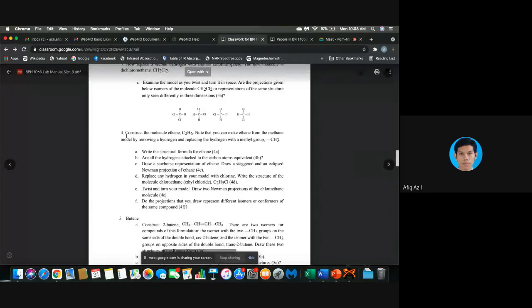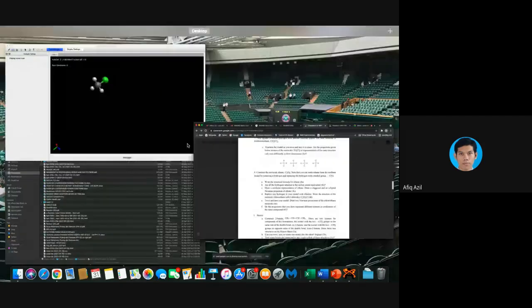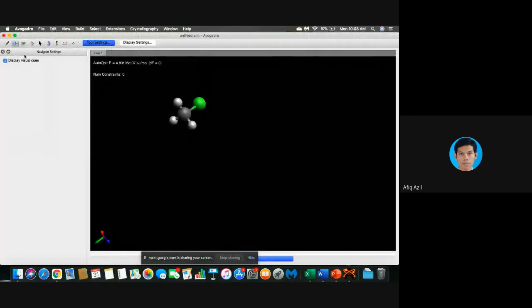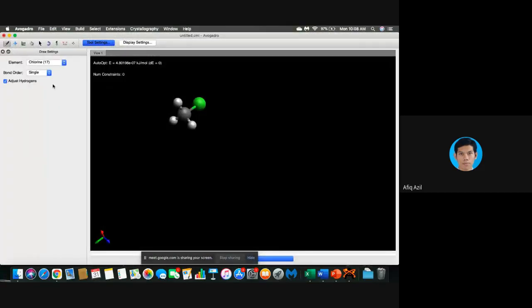Question number 4 is to draw ethane. For ethane, you need to have 2 carbon. If you are using Avogadro, select back carbon and replace maybe the chlorine with another carbon, so it immediately becomes an ethane.